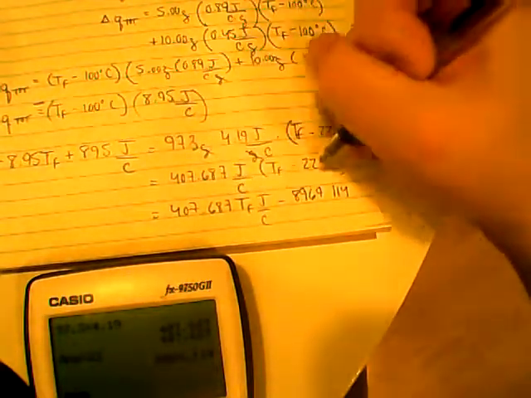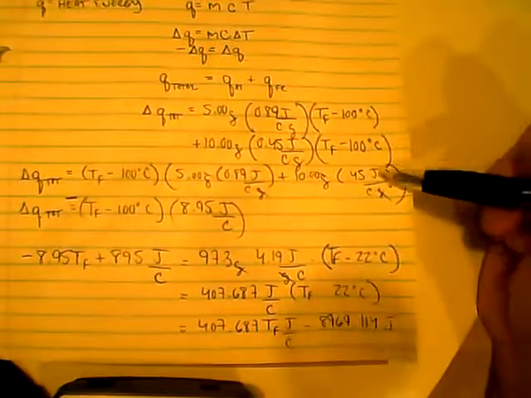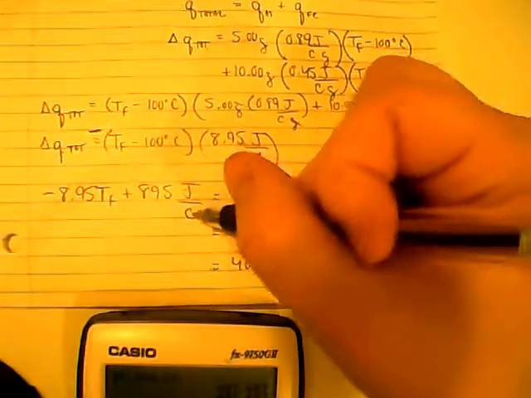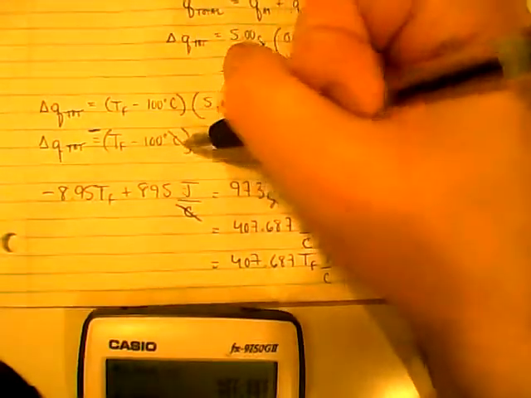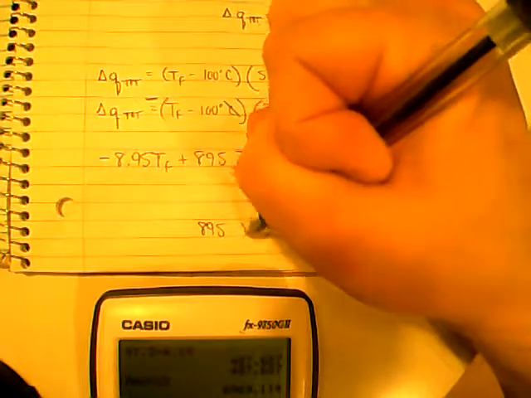Celsius would cancel that, so joules. And actually, I should have done that up here when I multiplied this part across. So this is not joules Celsius, this is just joules. All right, so we have 895 joules.